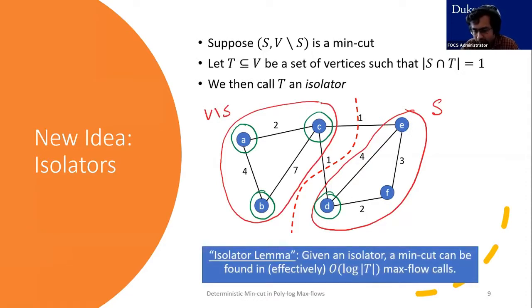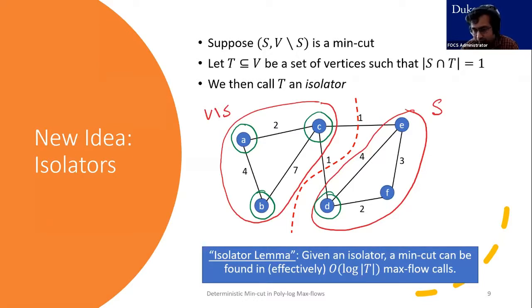And our main technical lemma that makes the entire result work is that if you give me an isolator, then I can find you a min cut deterministically in log t max flow calls, where the size of the isolator is t. The isolator of course cannot have more than n vertices.